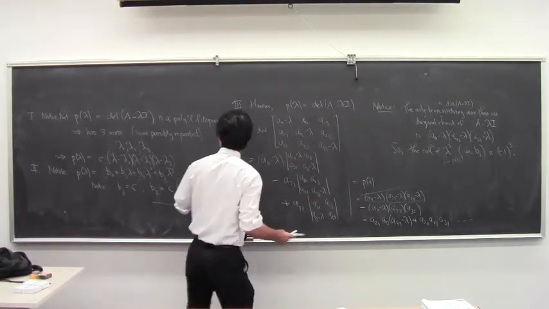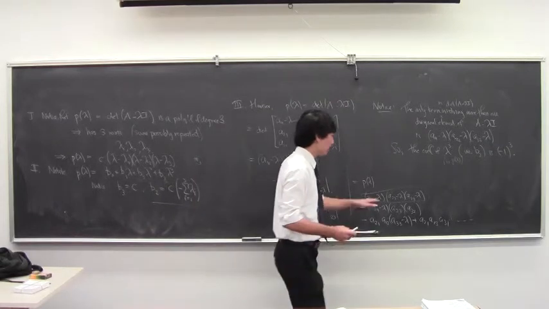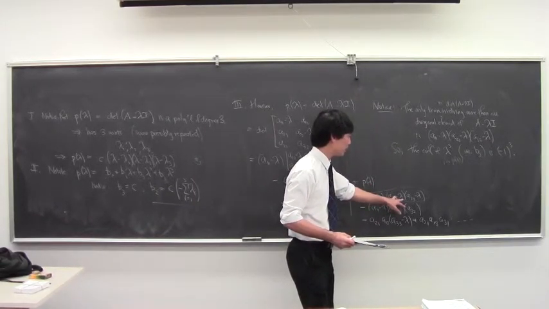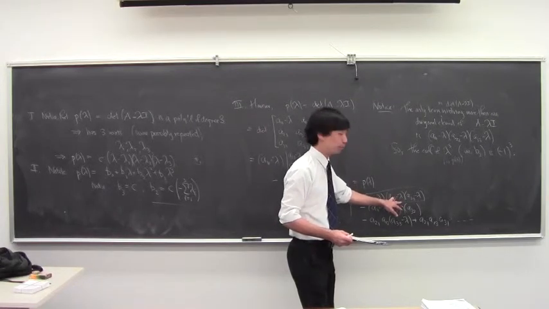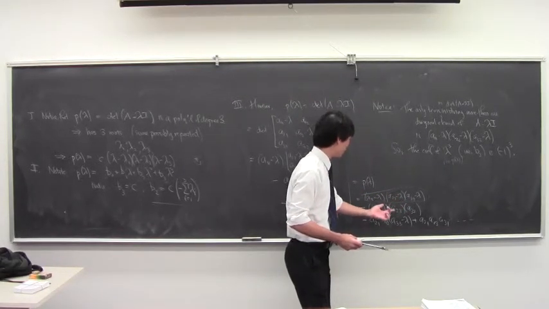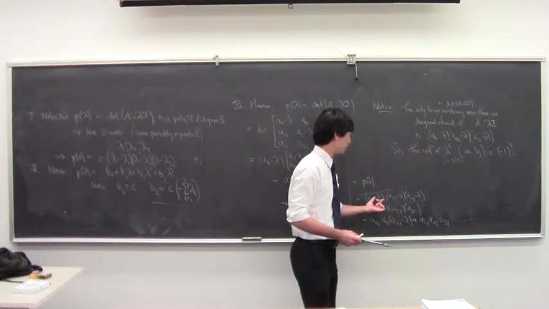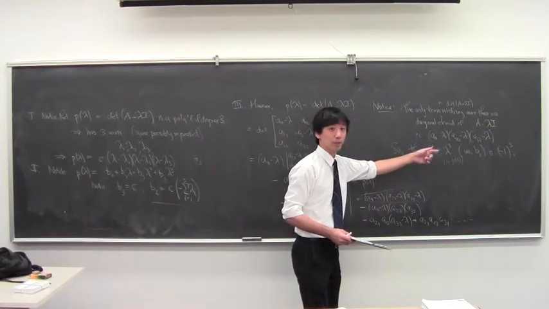So what's the coefficient of lambda cubed in P of lambda? There's only one way to get lambda cubed here. It's negative 1, negative 1, negative 1, so we get negative 1 cubed.